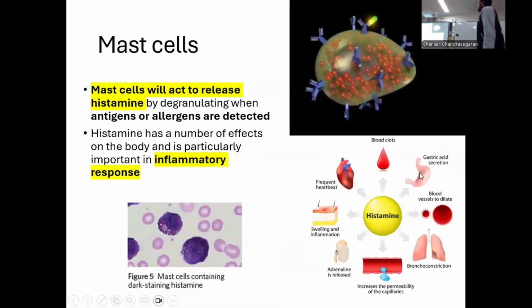All right, moving on to the different types of cells. Next is your mast cell. Remember when I said that when you get a cut, a part of your body gets triggered and basically acts as an alarm, triggering your immune response? That is what your mast cells do. They release histamine by degranulating when they detect that antigens or allergens are present.